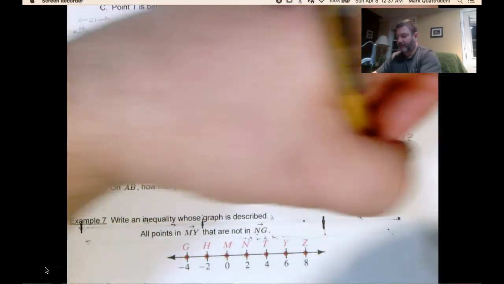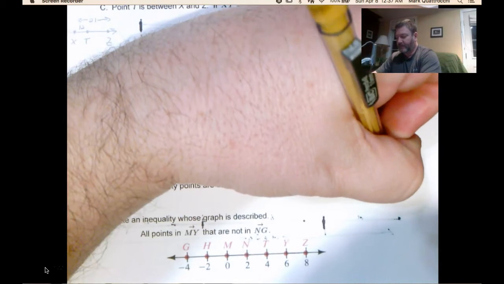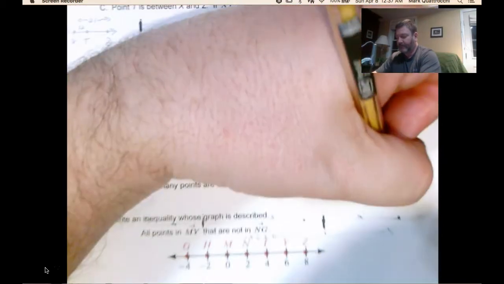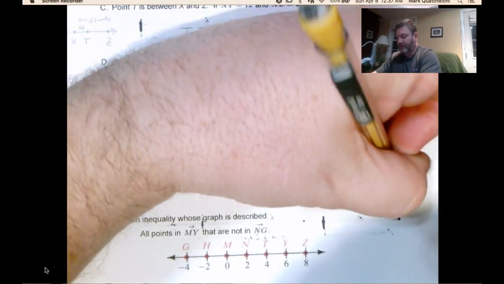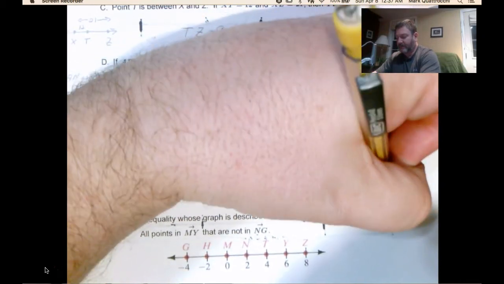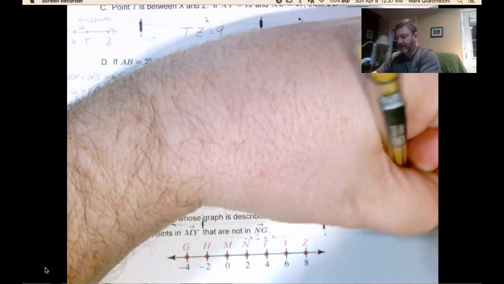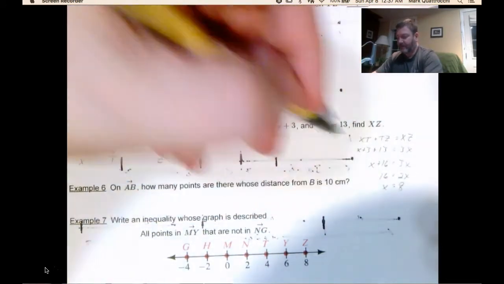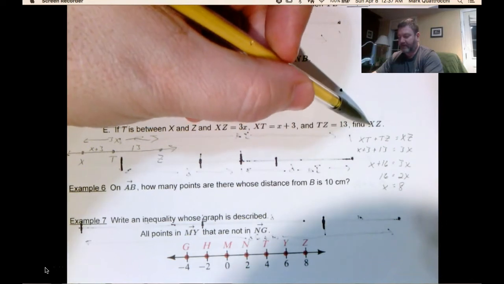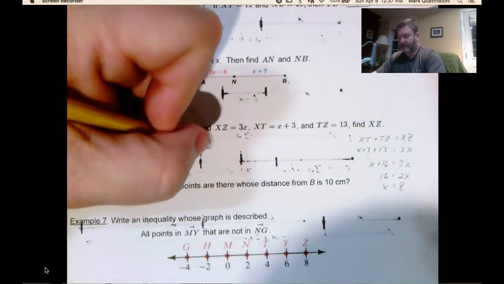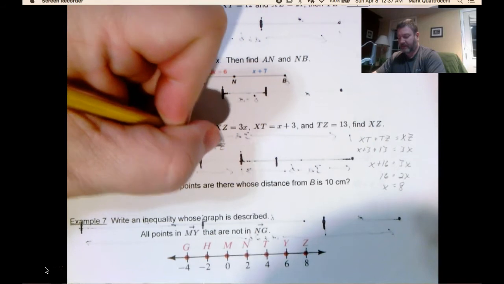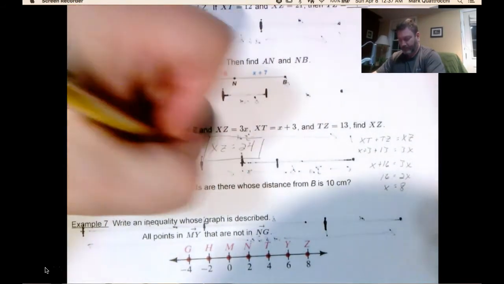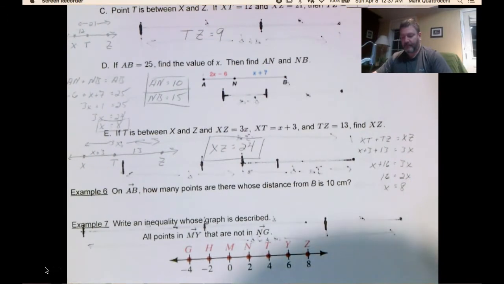Again, a little bit of algebra. X plus 16 equals 3X. 16 equals 2X. X equals 8. And if X equals 8, then XZ, which is 3X, equals 24. And there's part E.